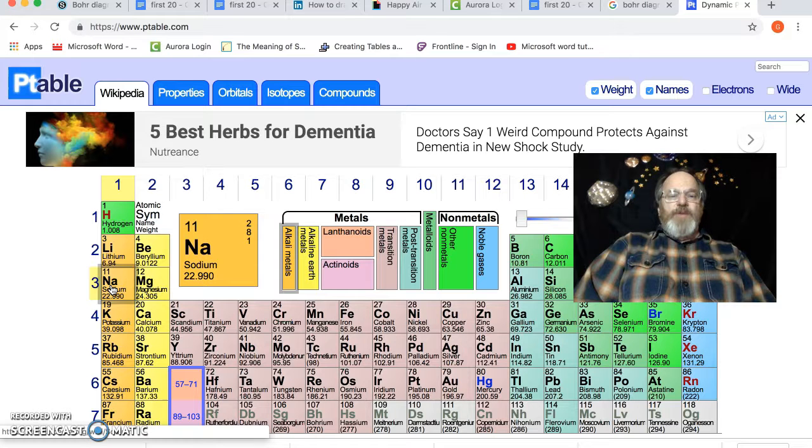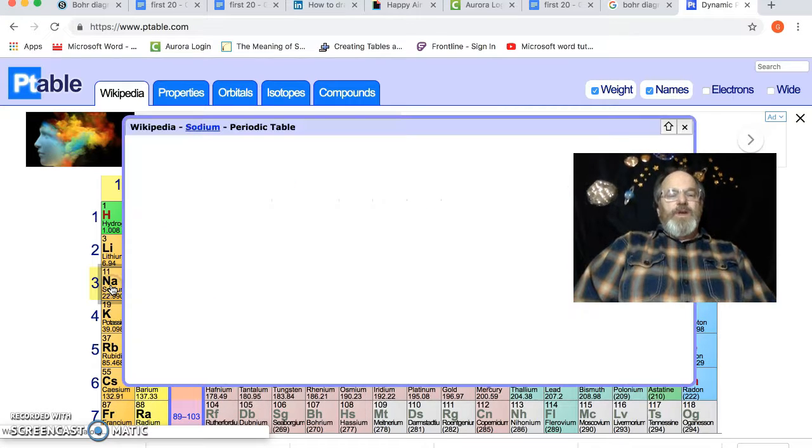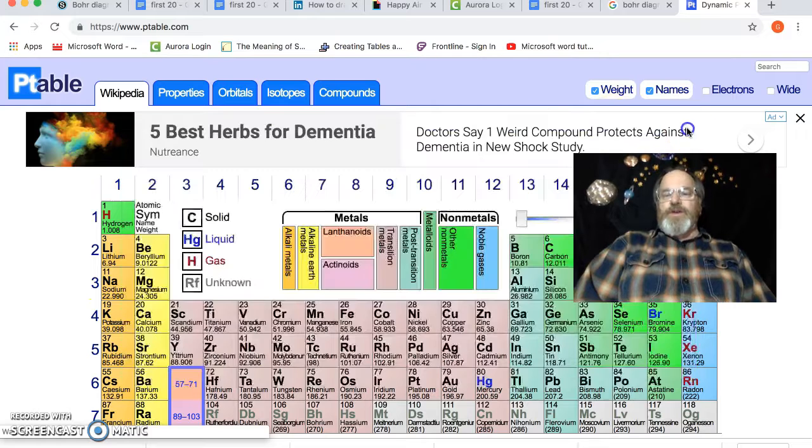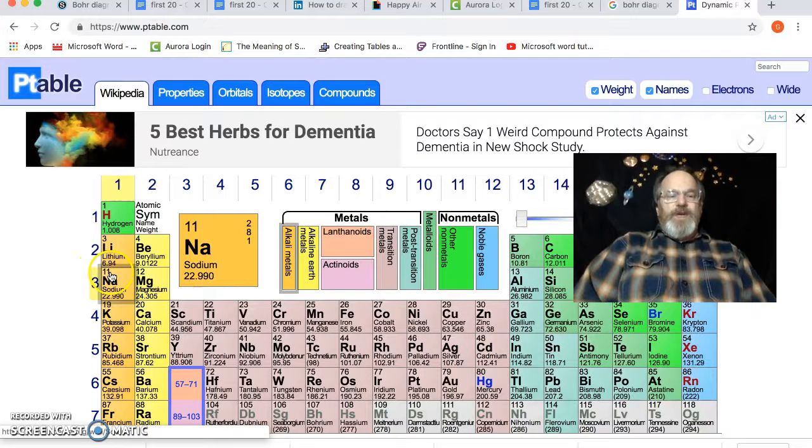It actually tells you how many you need to draw in each electron shell. So for sodium, again, 11. So 2, 8, 1, it tells you the orbitals, how many electrons to put in each orbital. 2 in the first, 8 in the second, and 1 in the third.